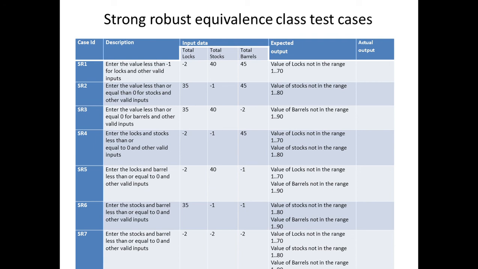In the first three test cases, you are considering only one invalid variable, and in the next three test cases, you are considering two invalid variables. In the last, that is SR7, you are taking all three variables as invalid values. So this is about this program. Thank you.